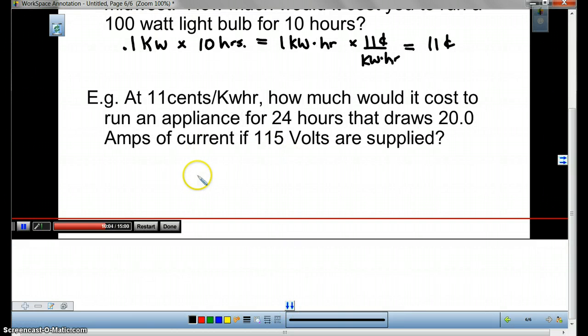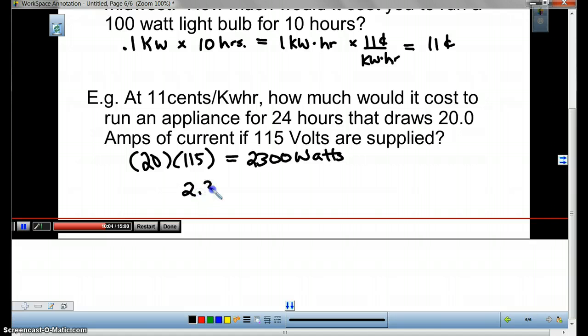Okay, so you could actually calculate, at 11 cents per kilowatt hour, how much it would cost to run an appliance for 24 hours that draws 20 amps of current if 115 volts are impressed upon it. And so you could take your 20 amps times your 115 volts, and that would give you your power. What you're looking at there is 2,300 watts of power.